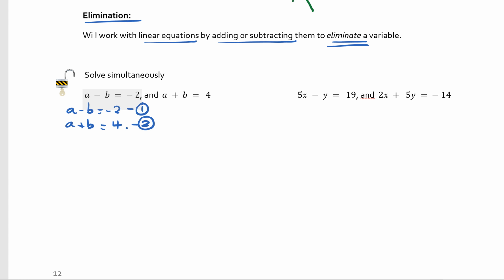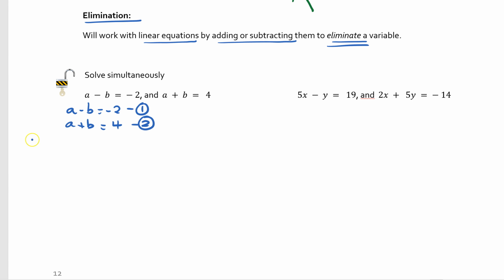We can either subtract, so if I took equation 2 from 1, for example, I could get rid of the a's. Or we can add, and I could then get rid of the b's. So it's entirely up to me which option I choose. There's no preference for one over the other. If the two signs are the same, then we will end up subtracting. If they're different, we'll end up adding. So I'm going to add.